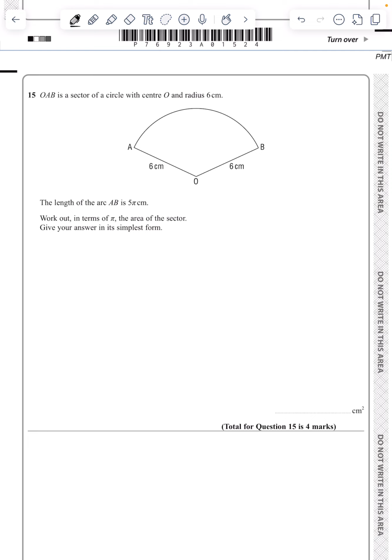So this angle's theta, or you can label whatever, theta is just Greek, and that's just how it's done. This arc is 5 pi, so area of the sector. So arc length formula is, so what you need to do is find theta, so then you can find the area.